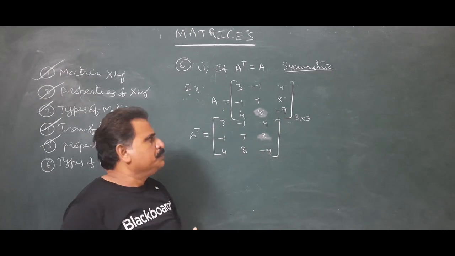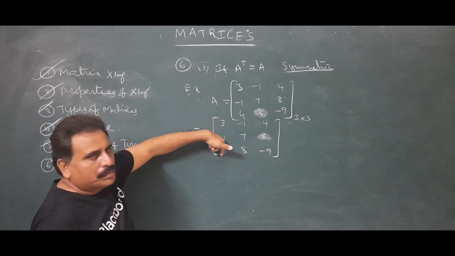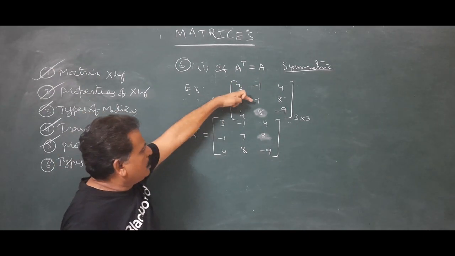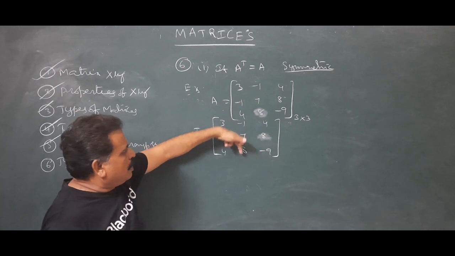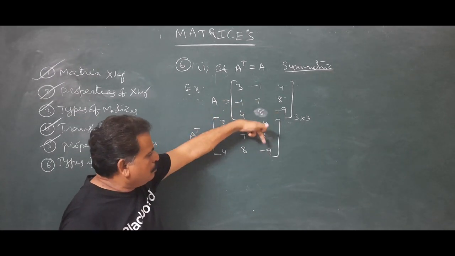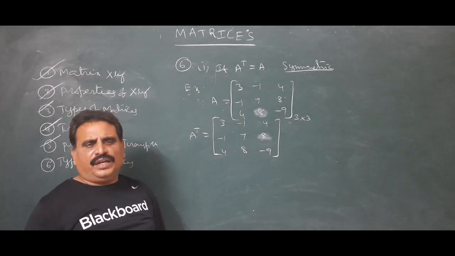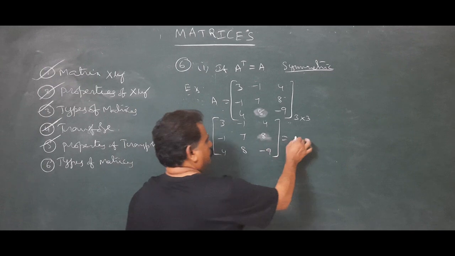Once again you check: 3 minus 1 4, first row and first column. Second row minus 1 7 8, minus 1 7 8. Third row 4 8 minus 9, 4 8 minus 9. It is the transpose of A. Clearly A transpose equals A.